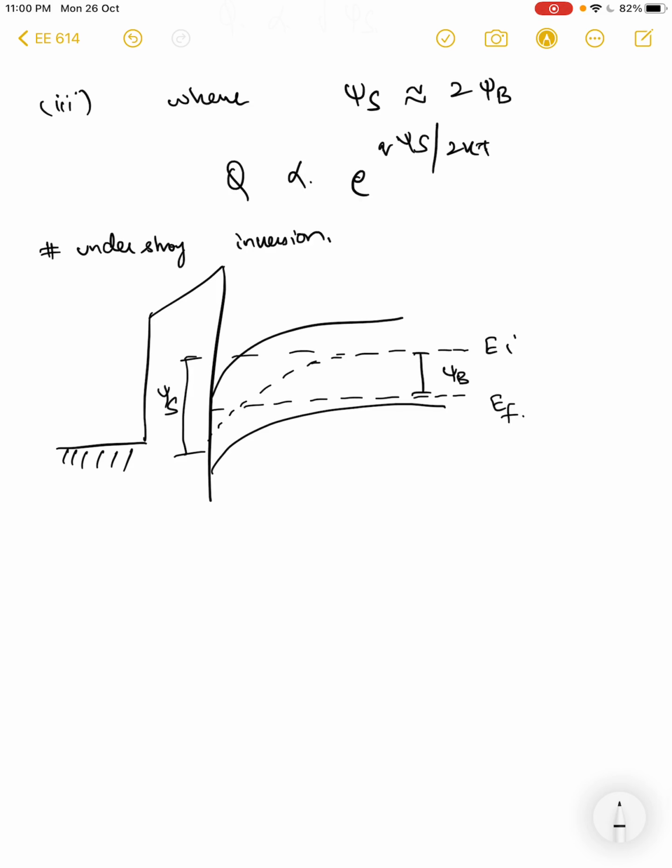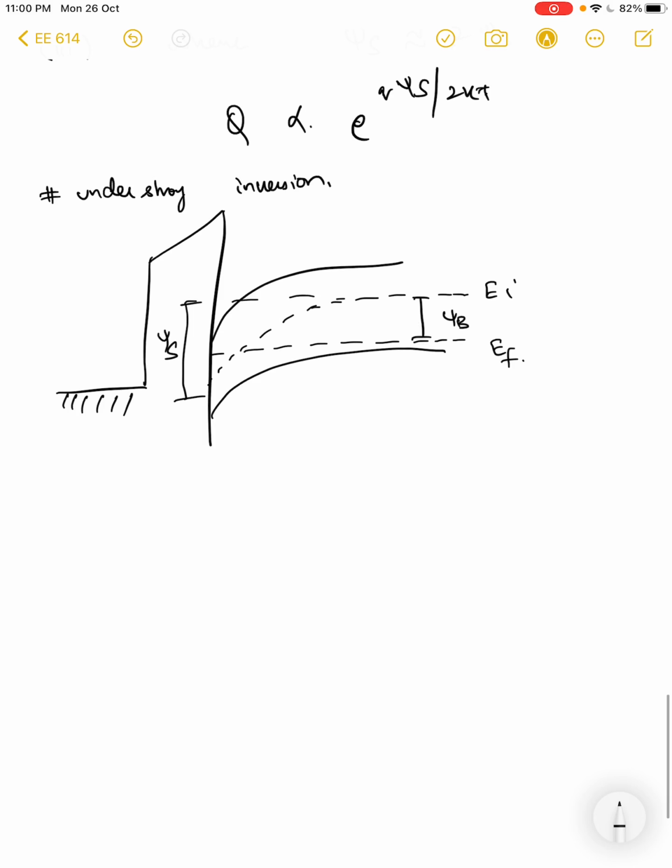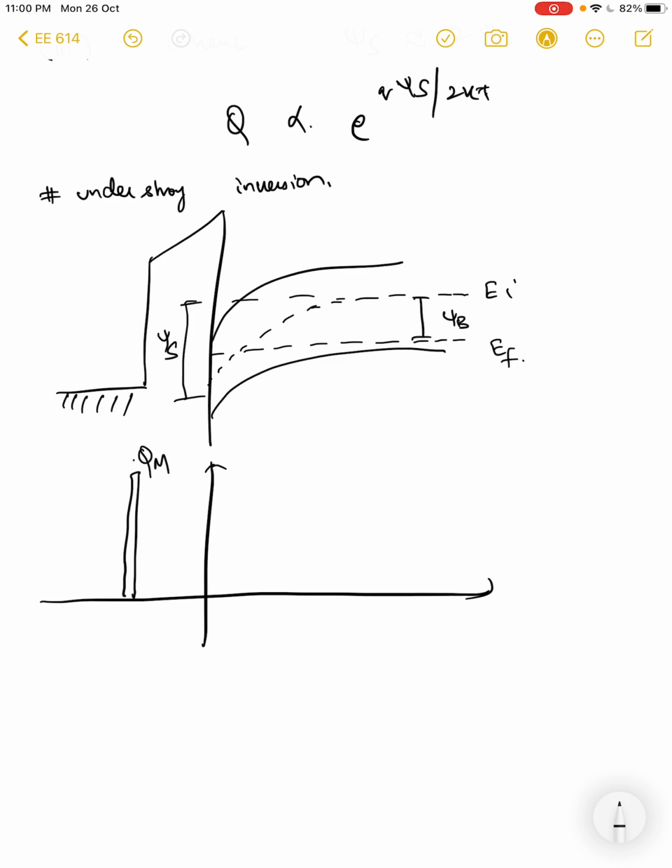So if I draw the charge profile in this particular diagram, it's easy to see that I will have a very thin sheet of charges in the metal, right? So this is QM, and I will have a very strong density of mobile charges at the interface and some depletion, and let's say the depletion width is WD, and the area under the depletion width will turn out to be minus Q Na into WD.